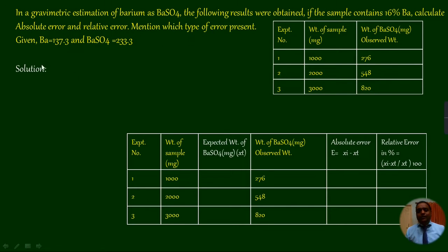Mention which type of error is present. Given the atomic weight of barium is 137.3 and barium sulfate is 233.3.